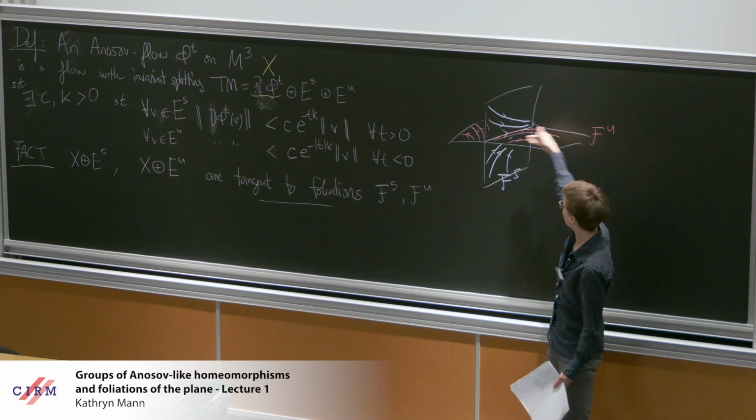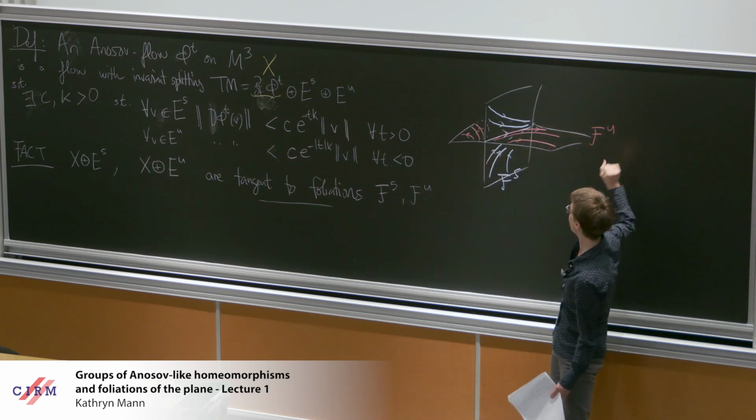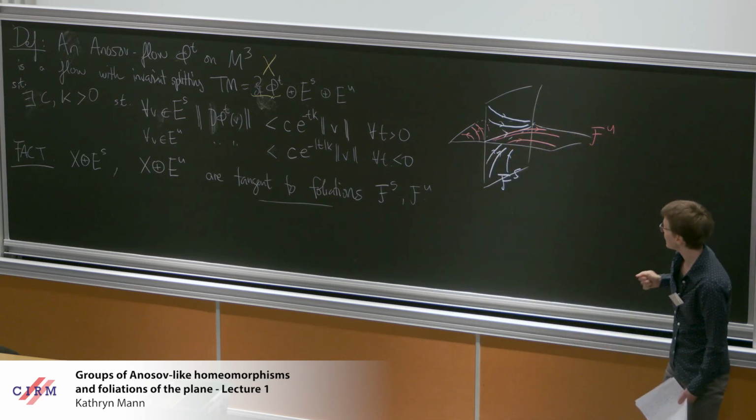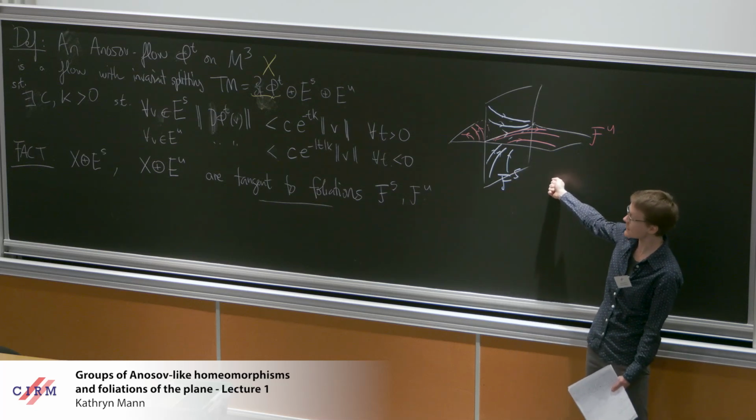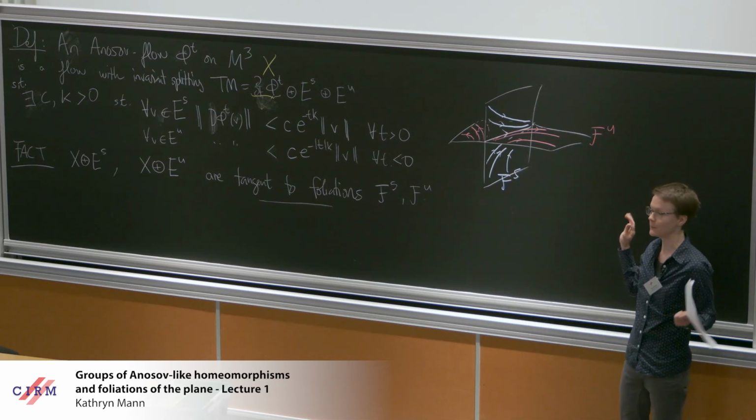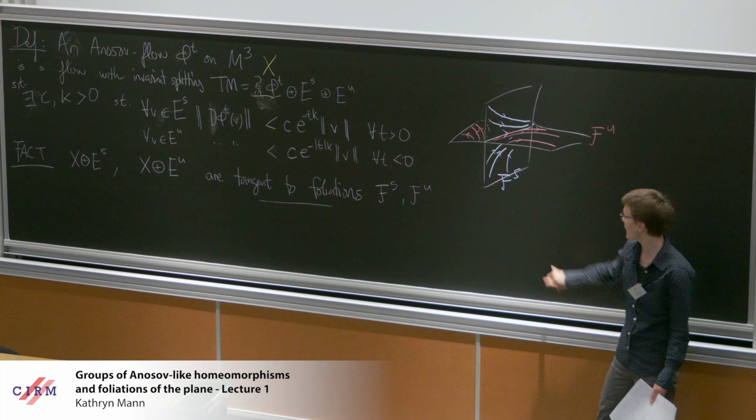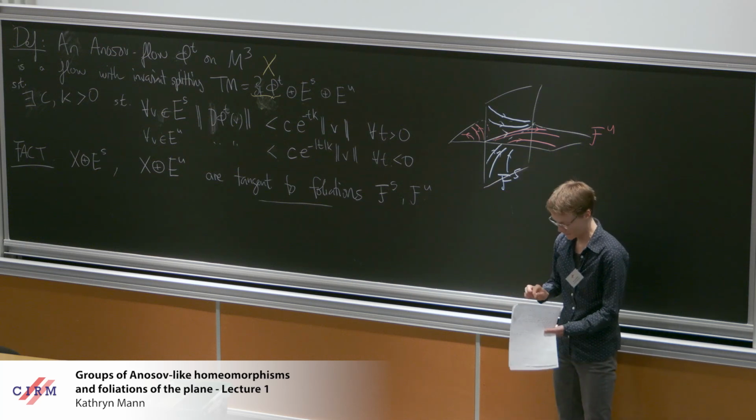And orbits converge in the past and stay separated in the future along the other. And it's this definition that's easy to generalize to a pseudo-Anosov picture, where you allow these foliations to have singularities.